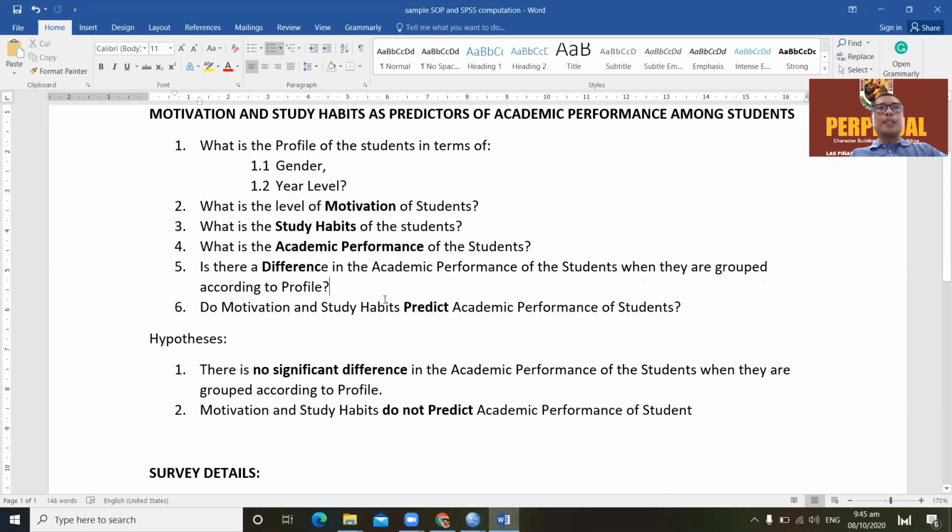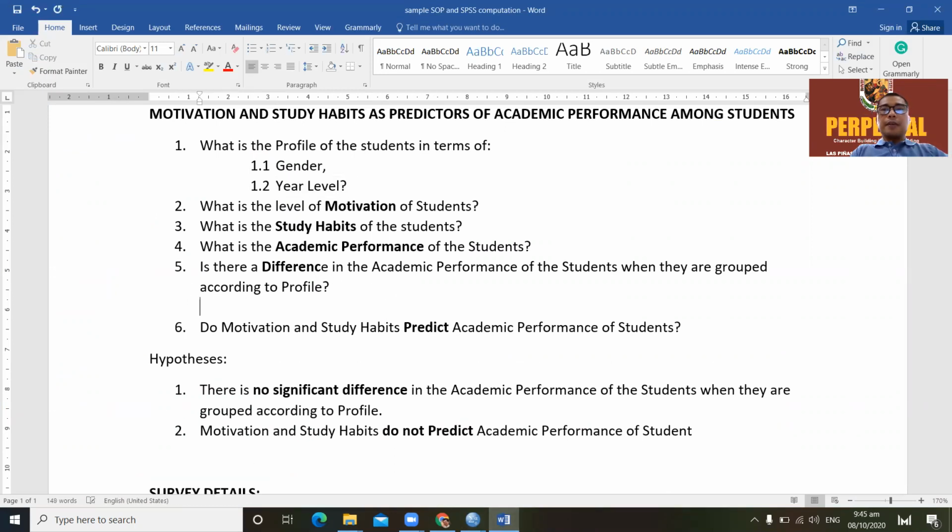With regards to this, it's 0.001. The result is actually lesser than 0.05. We would always use 0.05 as our point of reference in determining whether we accept or reject a particular hypothesis.